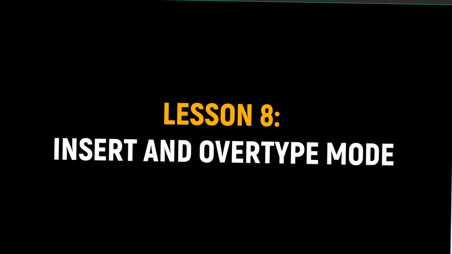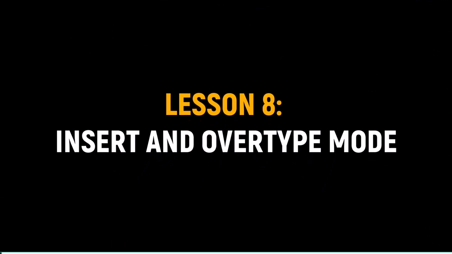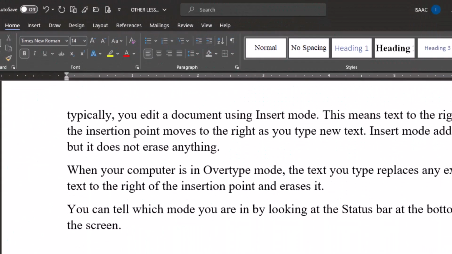Now let's look at the insert and overtype mode. Alright, we are saying that typically you edit documents using insert mode. This means that the text to the right of the insertion point moves to the right as you type new text. Insert mode adds text, but it does not erase it. Keep it in mind.